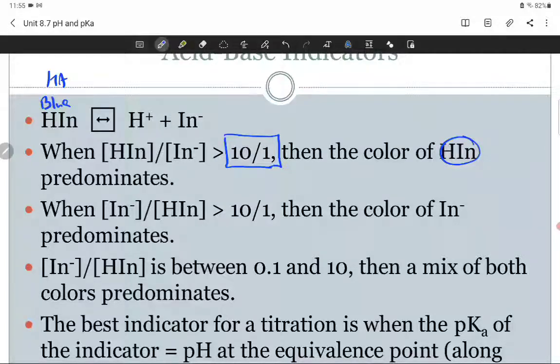If you have a lot more of the IN minus, the conjugate base, maybe this one's yellow, then you would have that color. These are rules of thumb, certainly not set in stone that it has to be a 10-to-1 ratio. But if you have primarily one compared to the other, you're going to get that color.